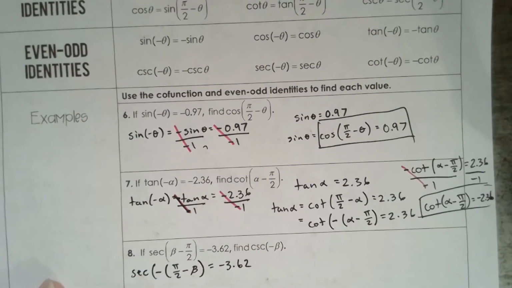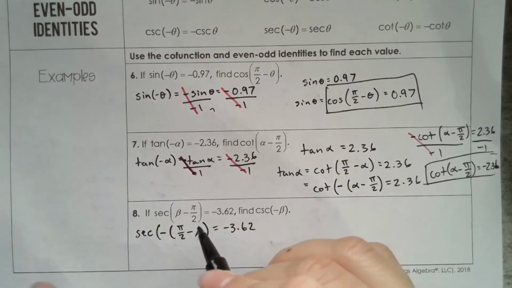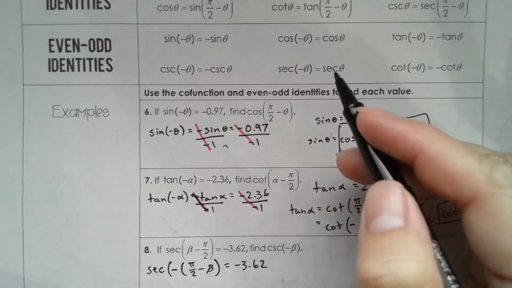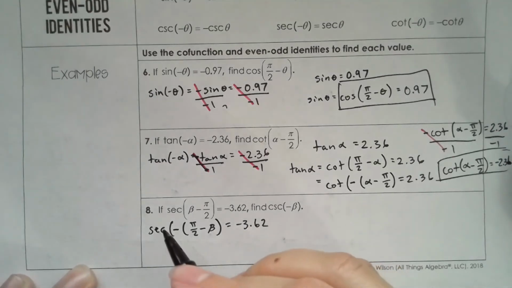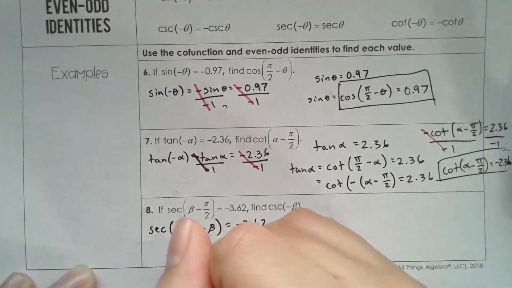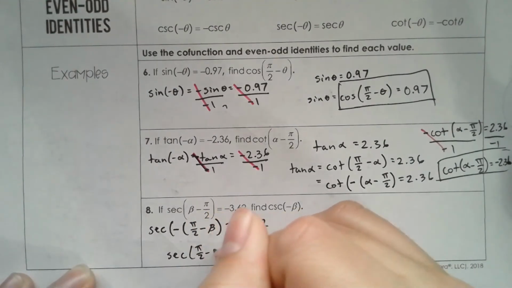Now I have secant of a negative angle. Secant of a negative angle is equal to secant, meaning it doesn't change. So secant of a negative angle is just secant of that angle. Then secant of pi over 2 minus beta is equal to negative 3.62.